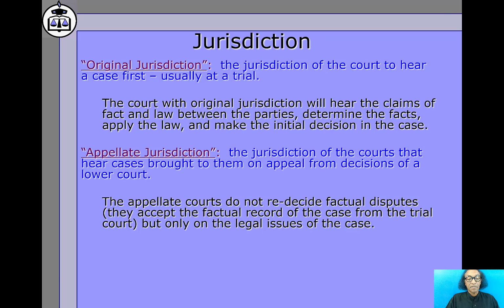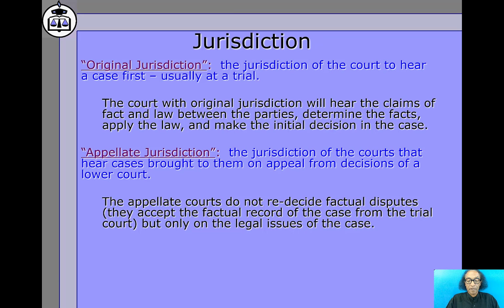In an appellate jurisdiction, the jurisdiction basically is to hear cases that are brought to them on appeal from decisions of a lower court. They do not deal with factual issues. There's no jury, there are no witnesses called, there's no development of additional factual record.